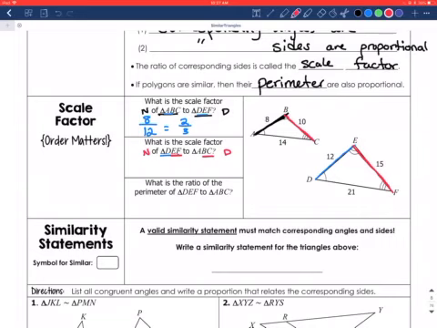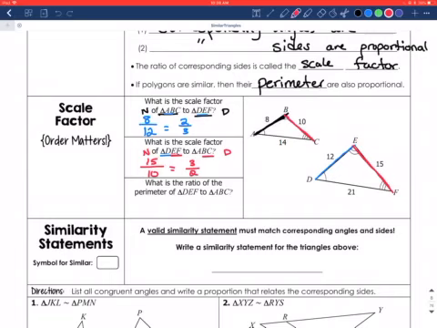So DEF is something compared to ABC. Obviously, it's bigger, so this number is going to have to be bigger than 1. And EF is 15, and BC is 10. So that will be 3/2. So you see how we flip it when we switch the order of these. The numerator and denominator switch as well. So instead of 2/3, it's going to be 3/2.